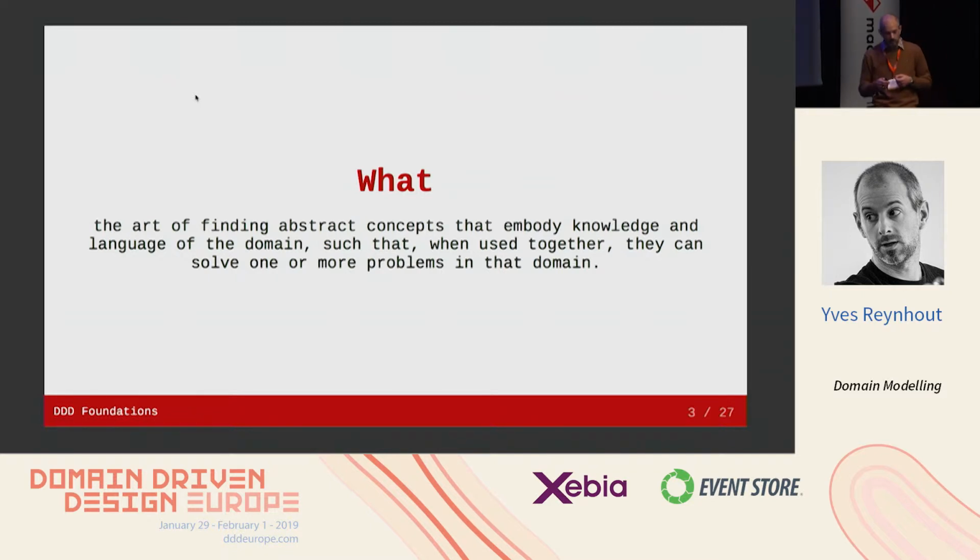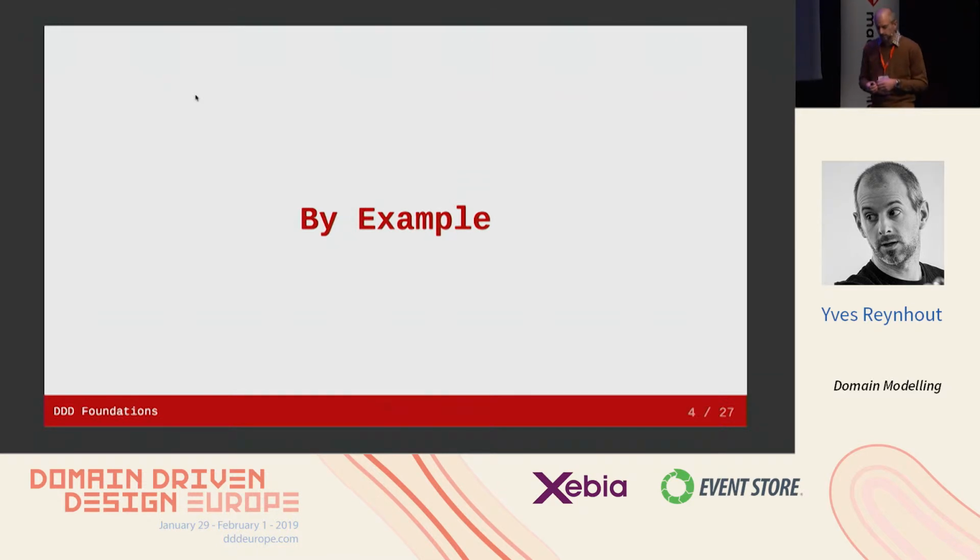Now, I thought a lot about what I would talk about in these 30 minutes that we have. I could talk about all the models that I've created and built, but then 30 minutes would not be enough, I'm afraid. So I thought, maybe I should try it with an example of what domain modeling is actually like.